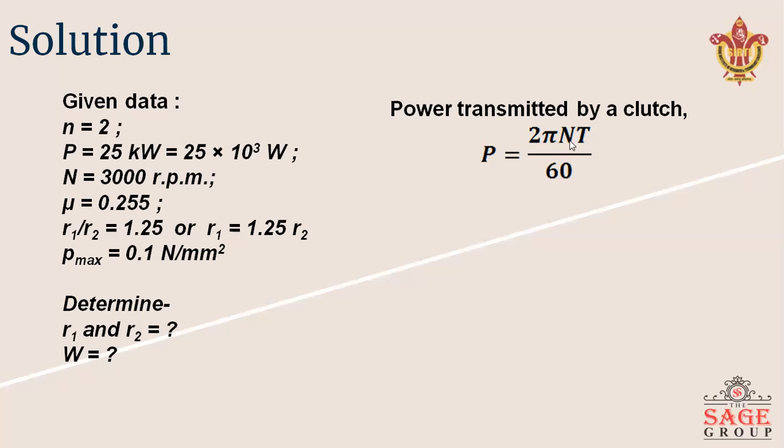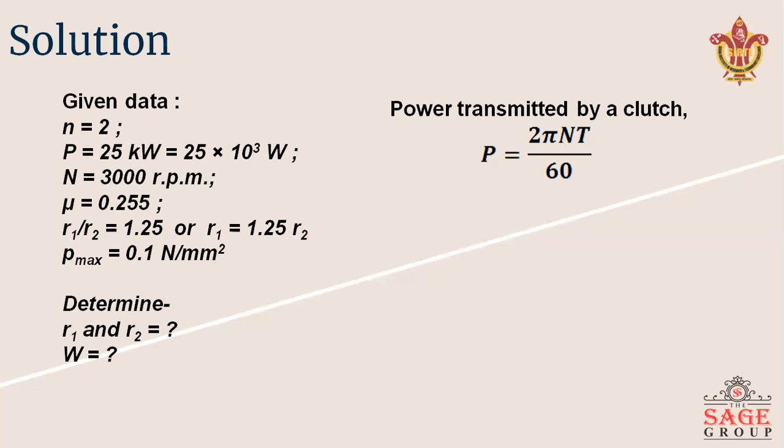So we can calculate the value of torque transmitted by the clutch by this equation. Now we substitute all the values in this equation, and we will have the value of torque transmitted by the clutch.